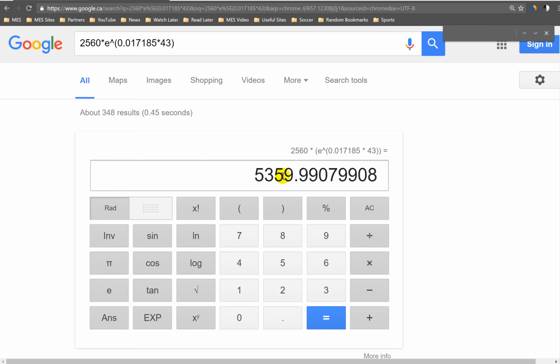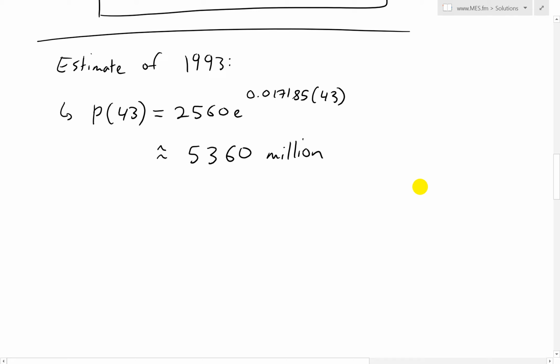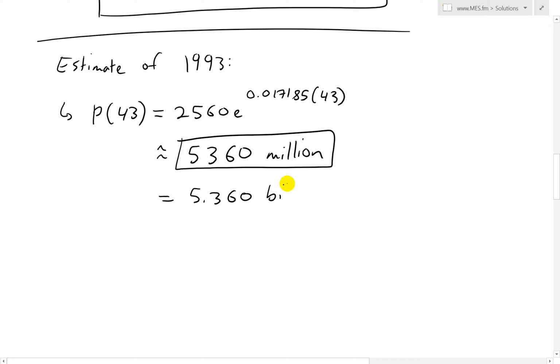So this is roughly 5,360 million people. So this is in millions. That's roughly our answer. But we could also write this in billions, it's easier sometimes. So 5.36 billion people. That's our estimate for 1993.